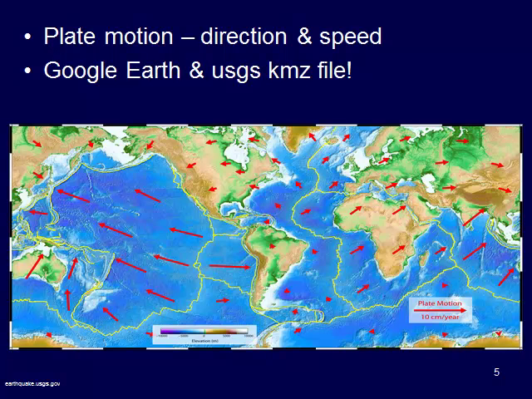The bigger the arrow, the faster it's moving; the smaller the arrow, the slower. So these are vectors. You're going to have a chance to play around with Google Earth and this USGS plate tectonics file that you're going to download, and I'll give you a preview of that.